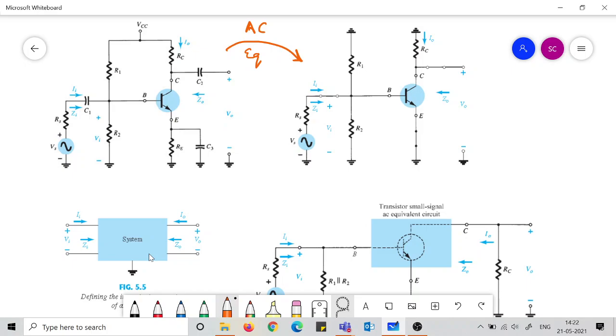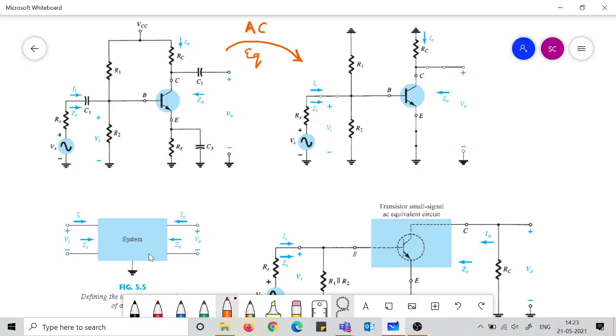Then it would experience an impedance Zo. So you see, we are trying to define an output impedance. Impedance is always defined in this way: a voltage is trying to deliver a current and it is suffering some resistance from the system. So this voltage is trying to deliver this current.